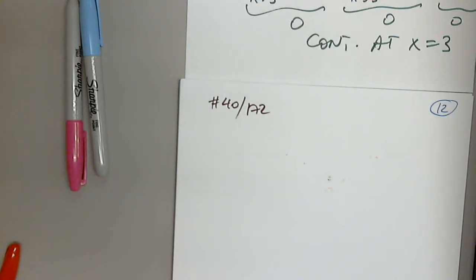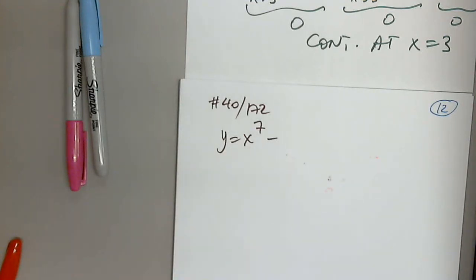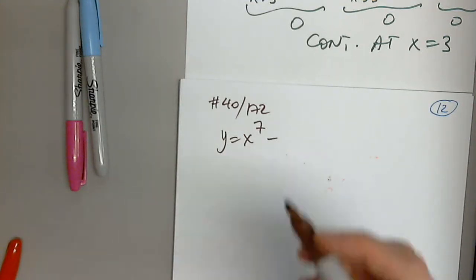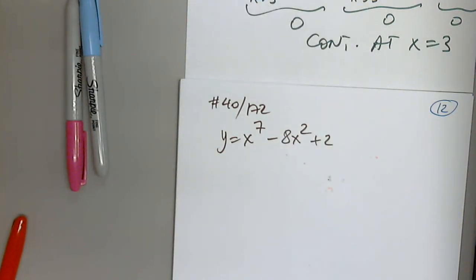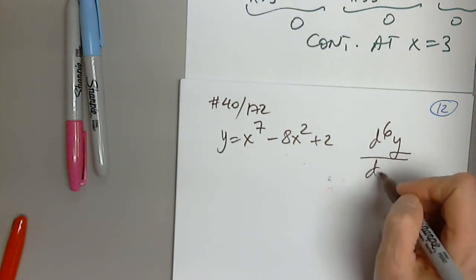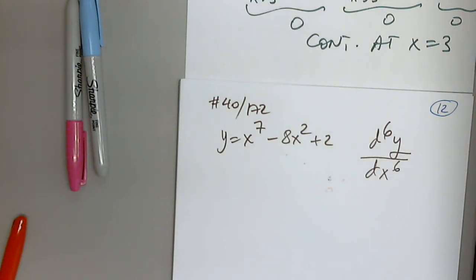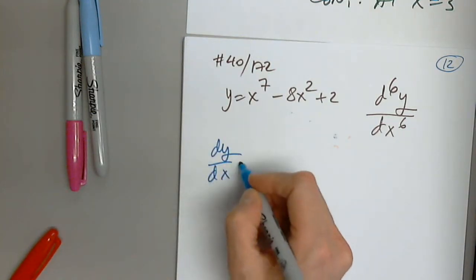We're given y equals x to the 7th power minus 8x squared plus 2. We're asked to find d6y over dx6. What does that mean? The 6th derivative. Very good. So let's find dy over dx first.